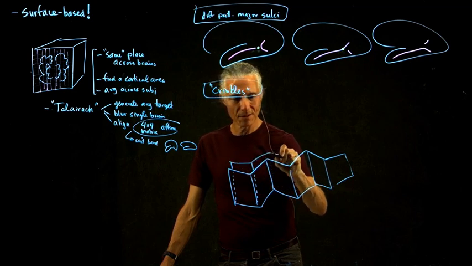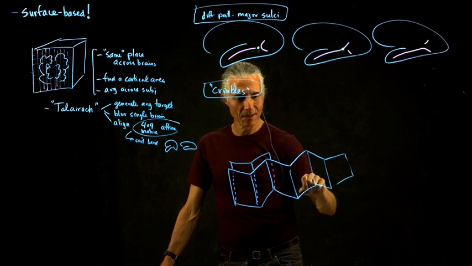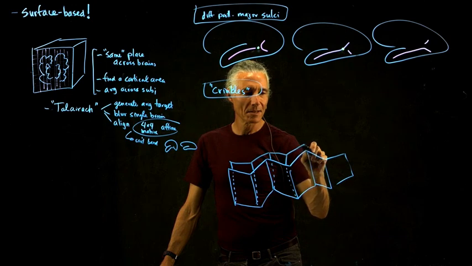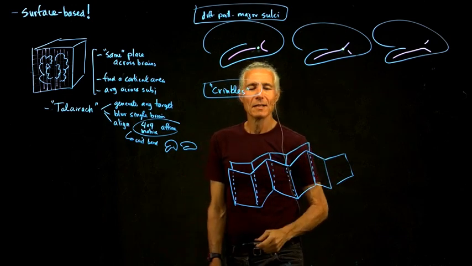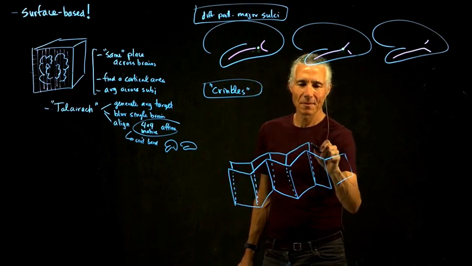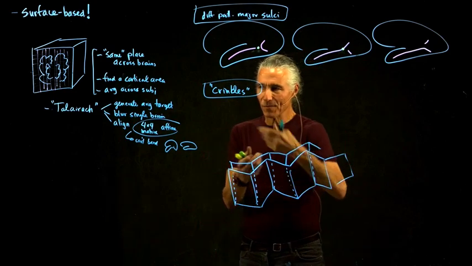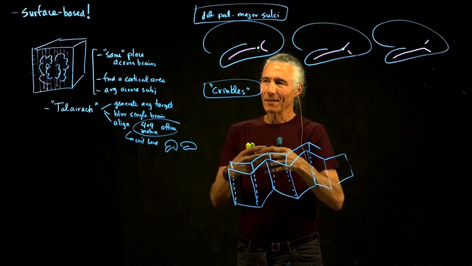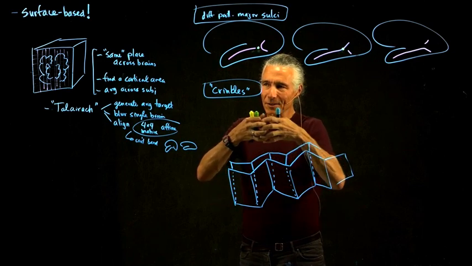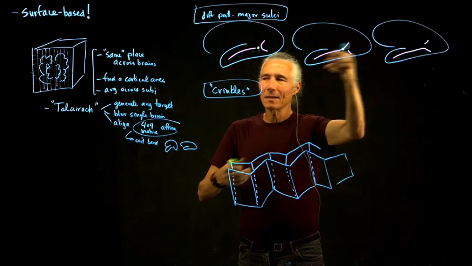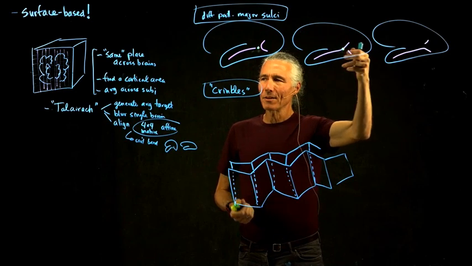There's all these little crinkles in the sulcus. It's just an unholy mess. And so what happens is the sulcus forms first, and then it crinkles up in this direction, parallel to the sulcus.